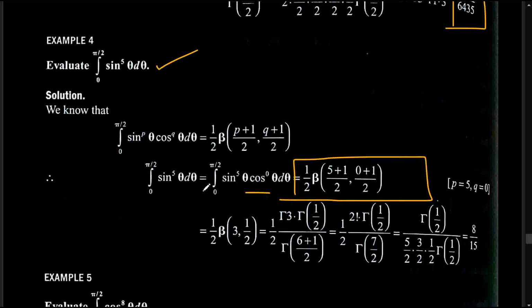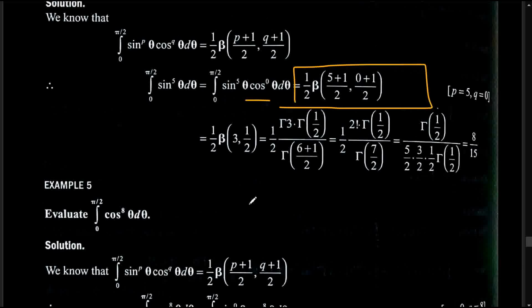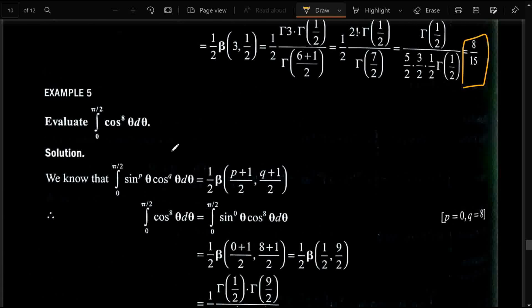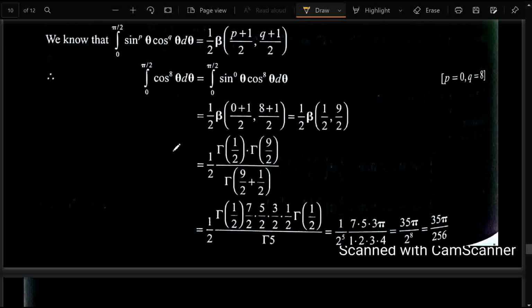So p and q are respectively 5 and 0, and then they got the answer. This is simple, and this is similar to that, with sine to the power 0. This is also the same: using the formula, we get the answer.